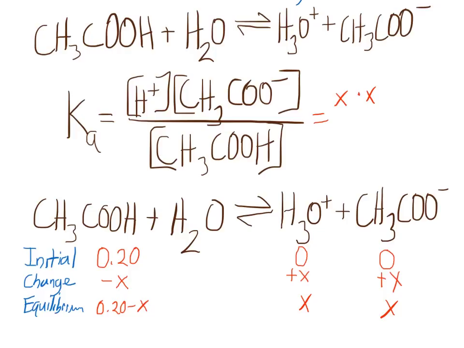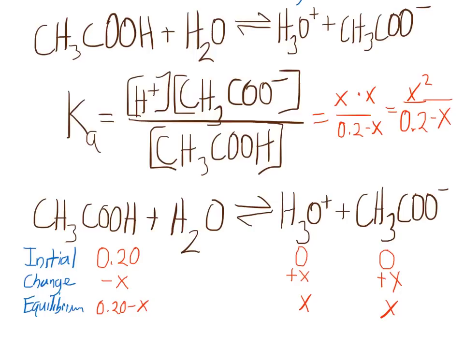And then divided by the concentration of acetic acid at equilibrium, which is 0.2 minus x. So I'm going to replace that there. Alright, so we're all smart here. I'm going to change x times x to x squared divided by 0.2. Oh man, I messed up. There we go, 0.2 minus x.